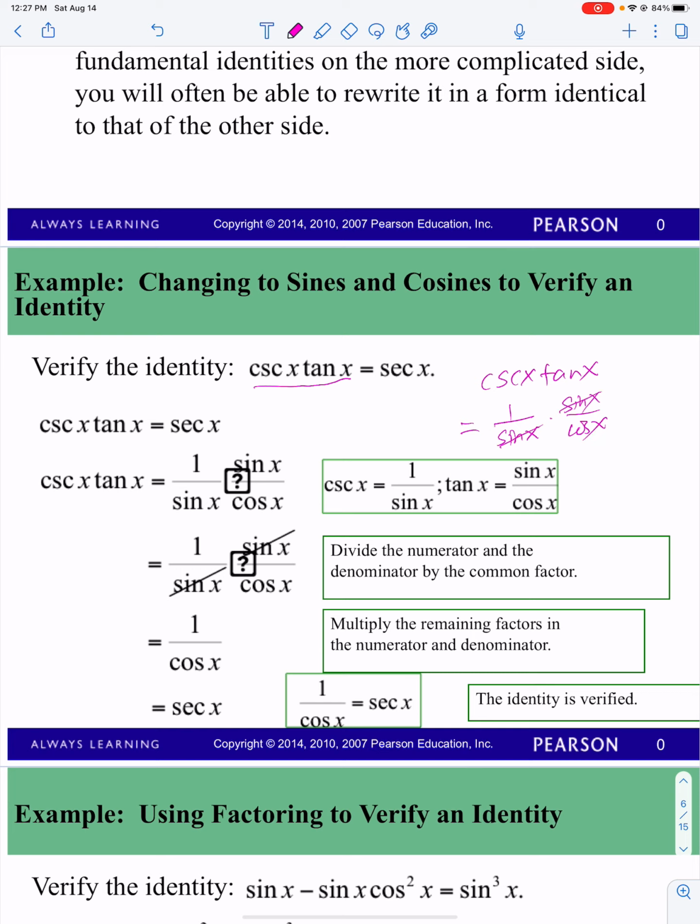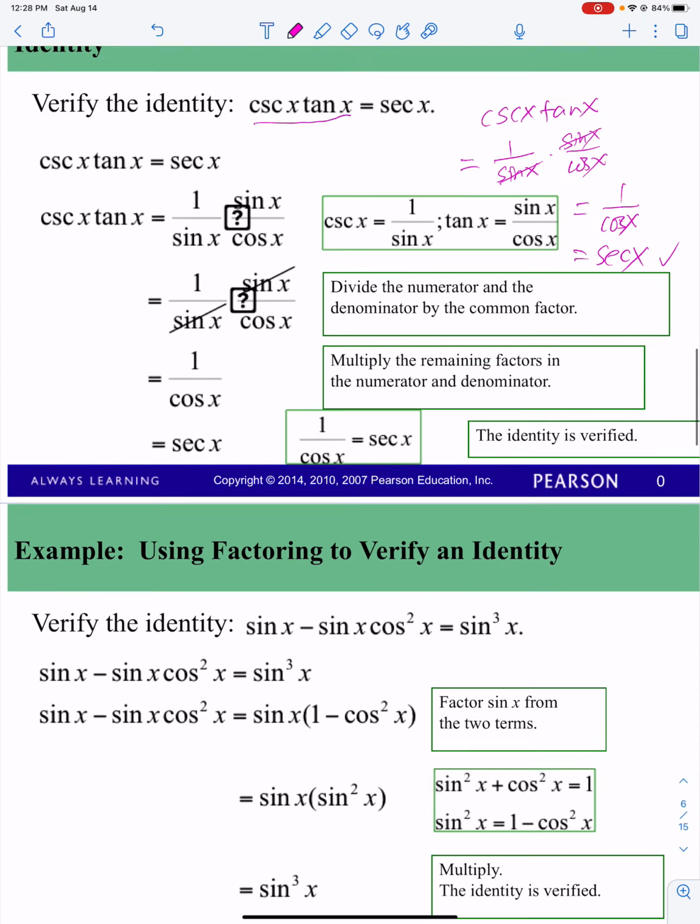The sines cancel, equal to 1 over cosine x. And are we done? No. Then we compare 1 over cosine x and secant x. Are they the same? These happen to be the same. Good, you verified.